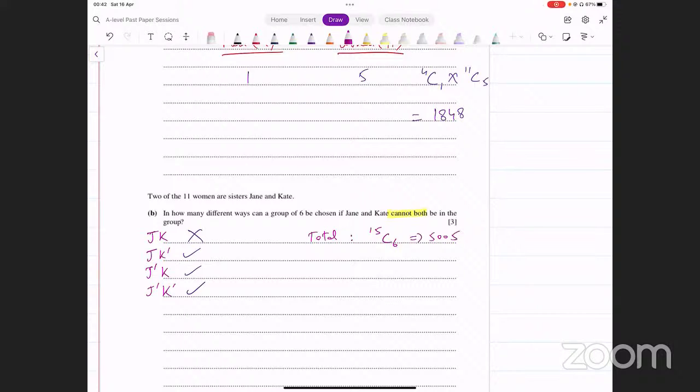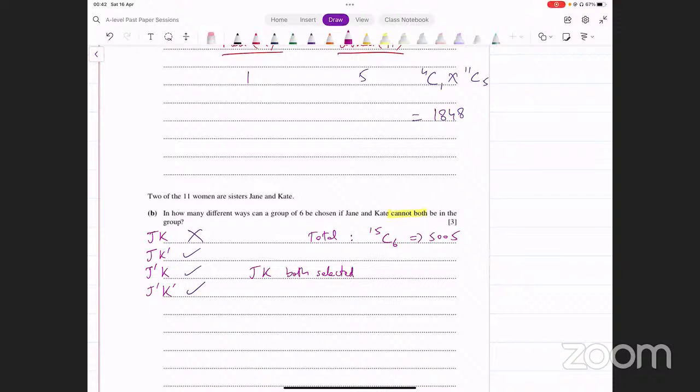Now we need the cases in which J and K, they are both selected. ताकि हम टोटल में से वो माइनस कर दें. They are both selected. ये वाला केस हमने फाइंड करना है. Now if they are both selected, what does that mean?